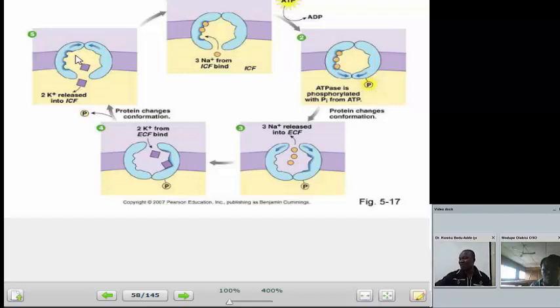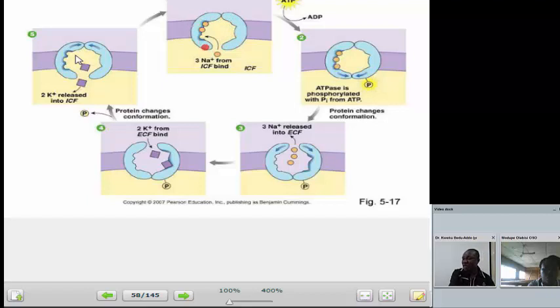In the same vein, if you are moving potassium in, it is moving from a region of low concentration, that is in the extracellular fluid, to the cytoplasm where it is in high concentration. So that would also require energy. So now let's see how the sodium-potassium pump works.